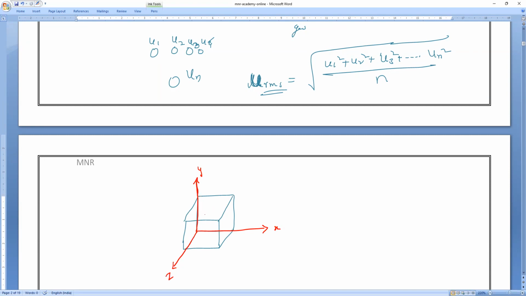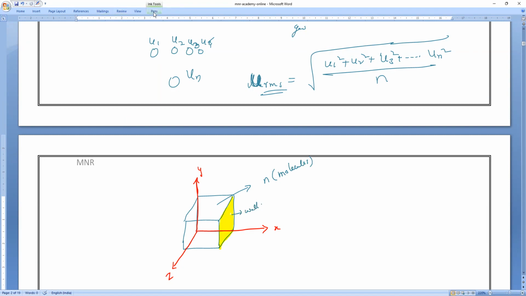Now let me consider this is the wall of the container. Any one wall we are taking. Totally inside there are N molecules, and this is what we call the wall.